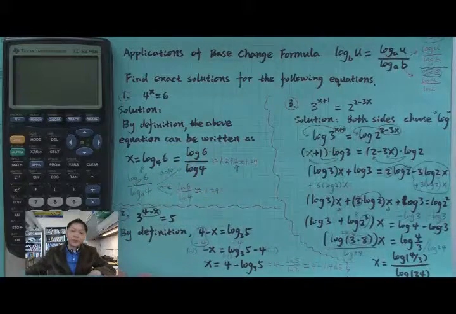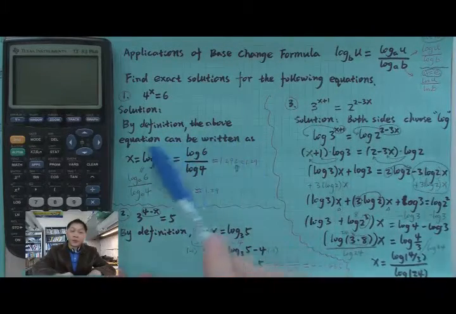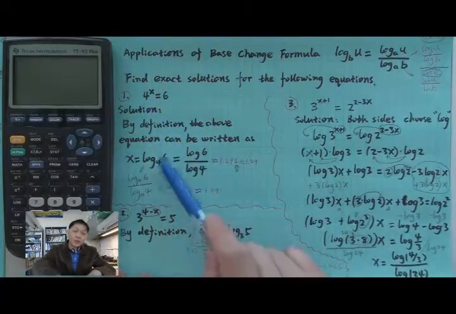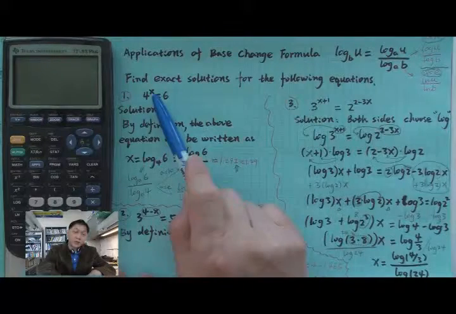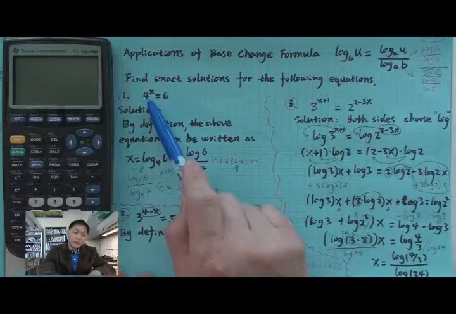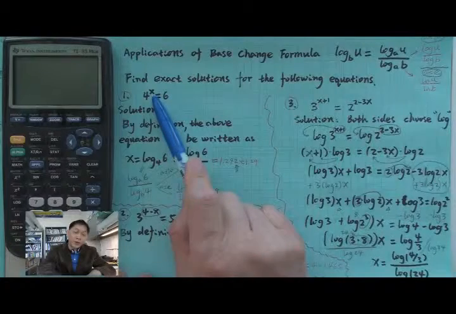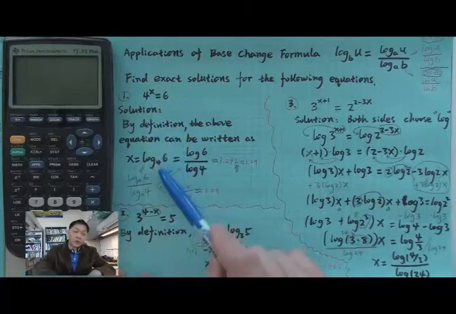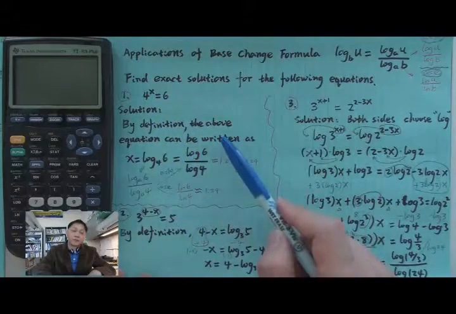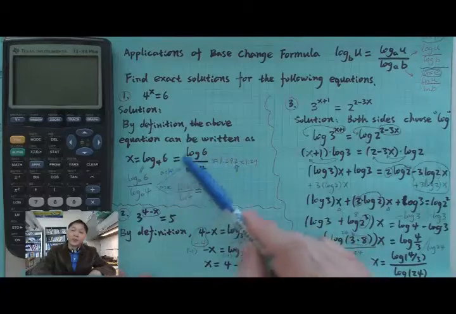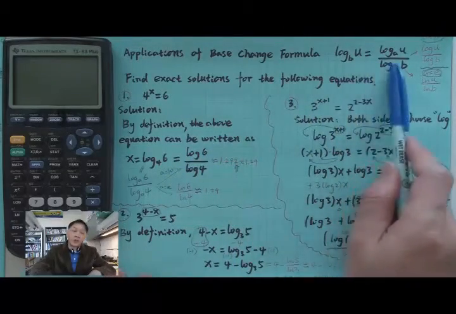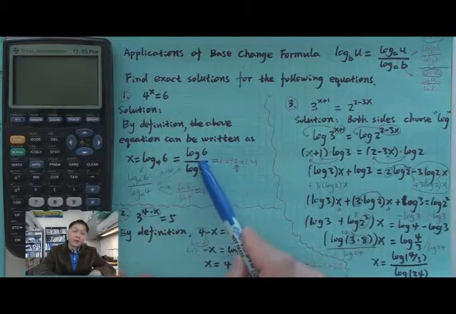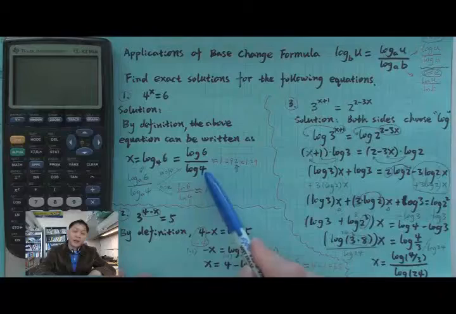A log is used to find out exponent, exponent of 4. So basically you can express x as log base 4 to the 6. And then use the base change formula, then you can write log 6 divided by log 4.